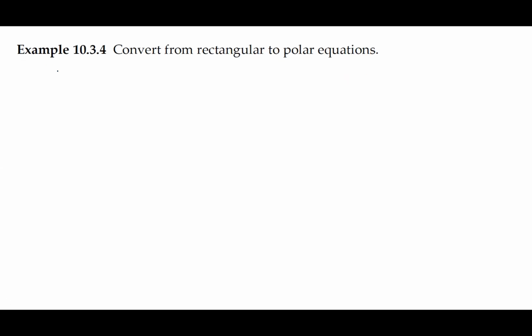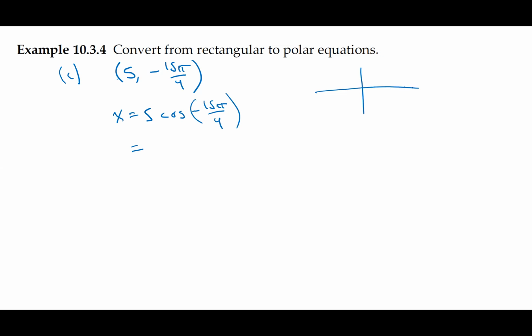And one more. How about we have the point 5, -15 pi fourths. So X is 5 cosine of -15 pi fourths. And then let's think about what -15 pi fourths is. Well, if I'm starting at 5, I'm going in the negative direction. Well, 8 pi fourths is going to take me around the circle once. 16 pi fourths is going to take me twice.